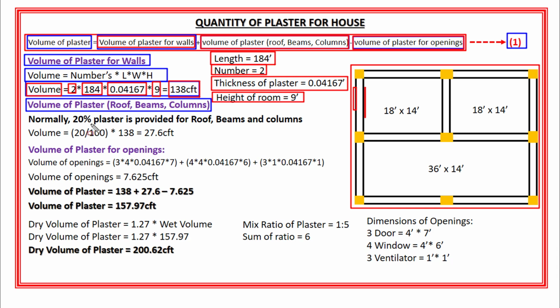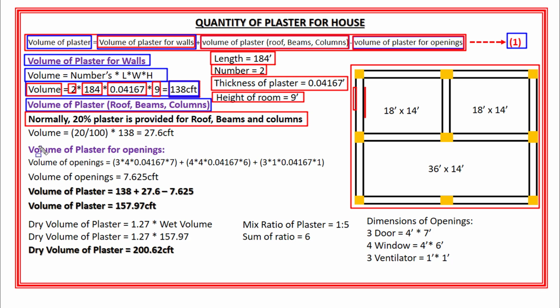So based on my experience, 20% plaster is used in the roof, beams and also columns with the total wet volume of plaster for walls. Okay? So here I have the wet volume of plaster for walls which is equal to 138 cubic feet.